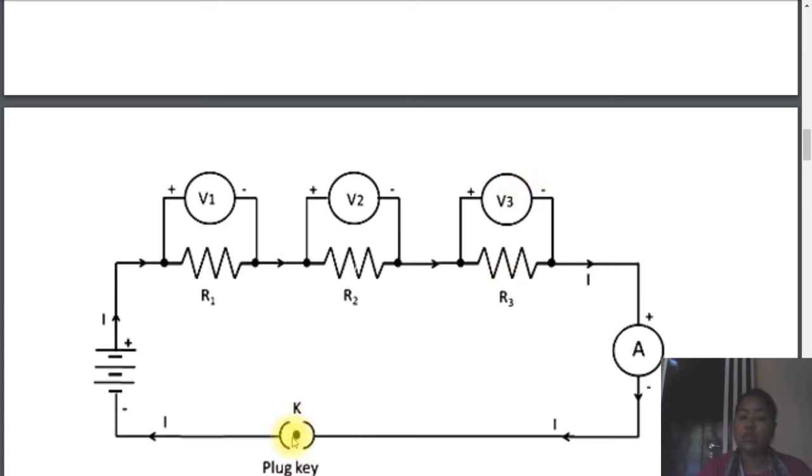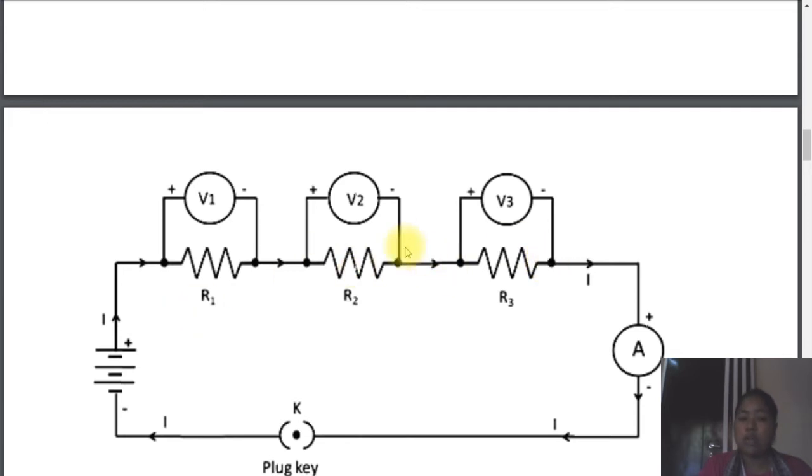Now in the next step, we will connect the voltmeter across all the resistors in the parallel combination. That means we will connect the voltmeter over here. One point of the voltmeter is connected to this point, and the other point of the voltmeter is connected to the R3 point.